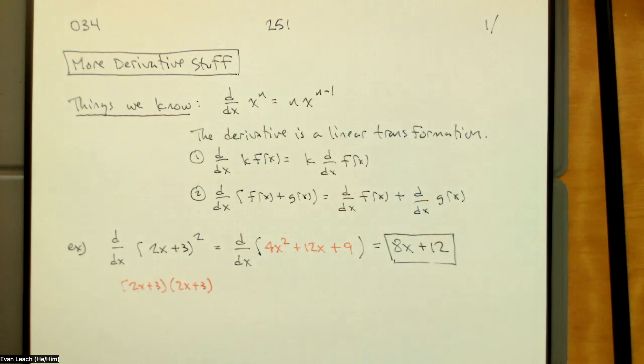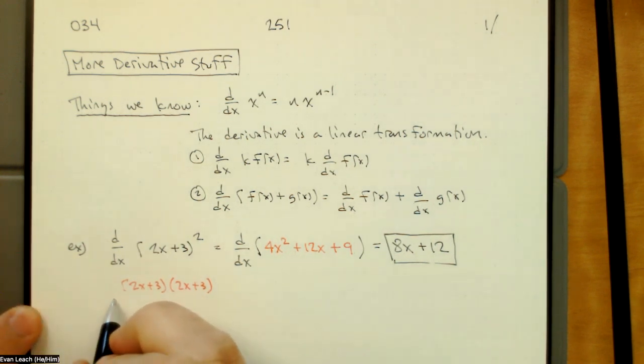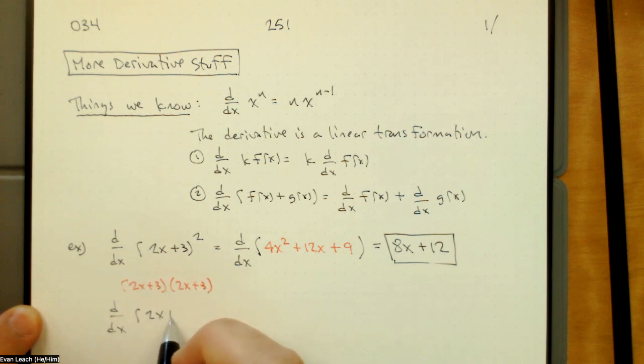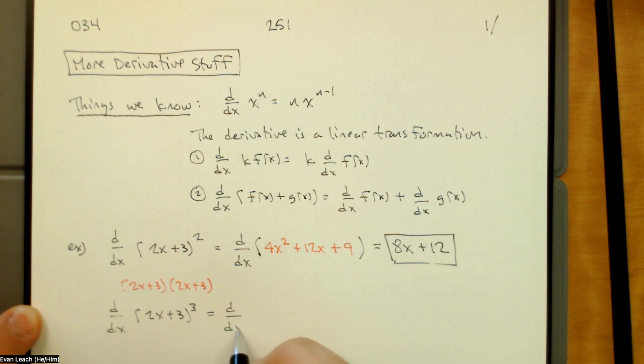Now, clearly, there are going to be limitations on this as far as our sanity goes. Not limitations mechanically, but as far as the things that we would prefer to avoid. Like if I increase this to say 2x plus 3 to the third power, that's not so bad.